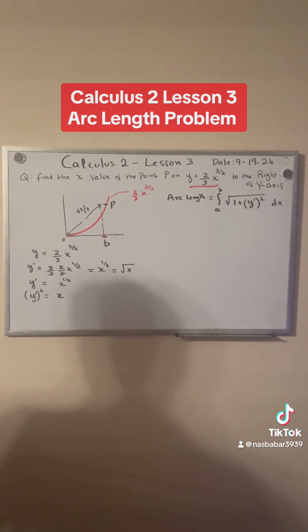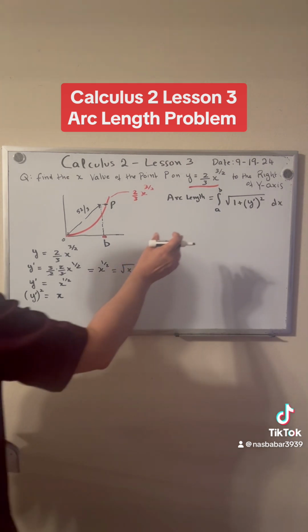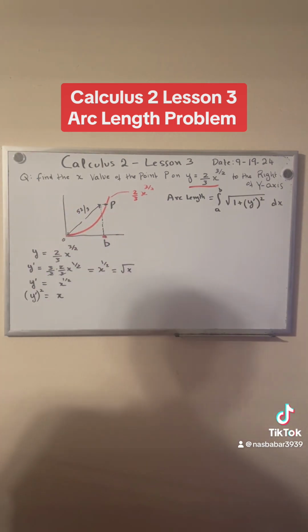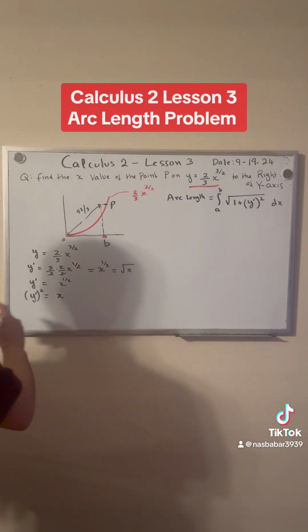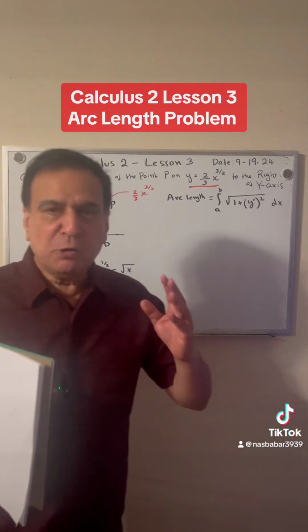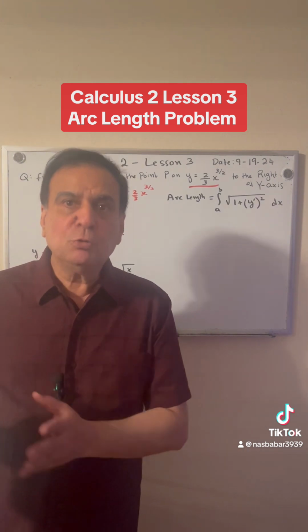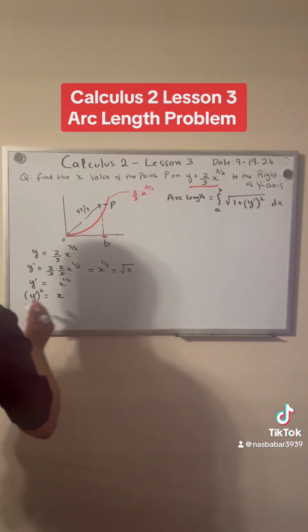Now we have to go back to the formula right here and apply this. But before I do that, let me ask you this. If I do something on the right hand side of an equation, I must do it on the left hand side also. So I add 1 on both sides.